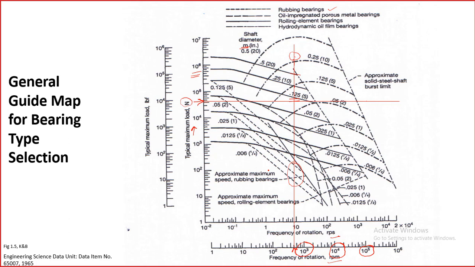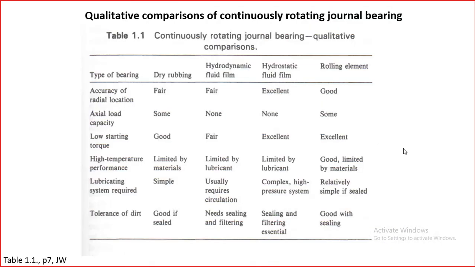There are some more qualitative comparisons of the rotating journal bearings with the rolling element bearing. So accuracy of radial location. Obviously in the fluid film bearing it will be excellent, whereas in rolling element bearing it is good.